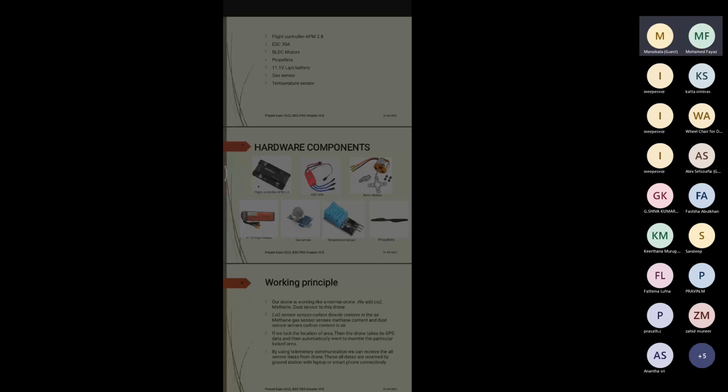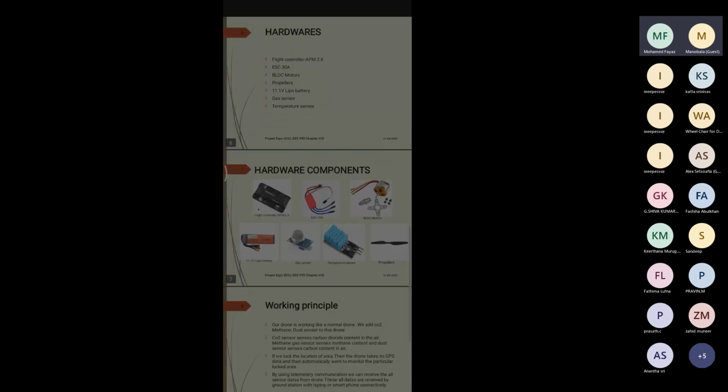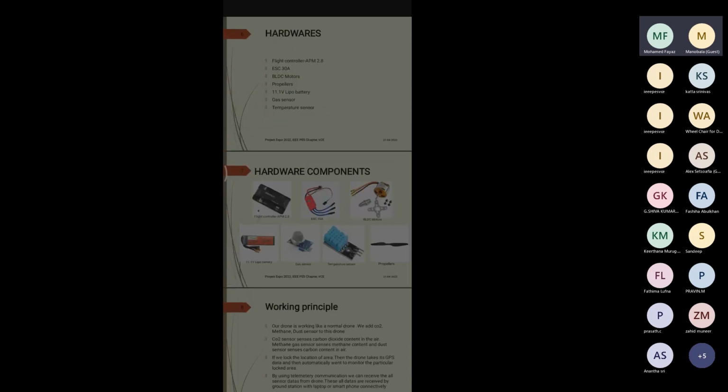The ESC, the electronic speed controller, is a device that allows the drone's flight controller to adjust the speed of the drone's electric motor. A signal from the flight controller causes the electronic speed controller to raise or lower the voltage to the motor, thus changing the speed of the propeller.